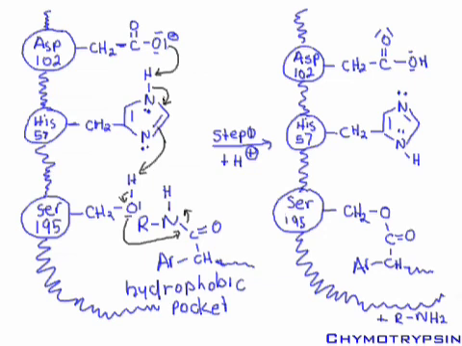So the next step basically involves the loss of a proton and tautomerization. So this proton is lost.